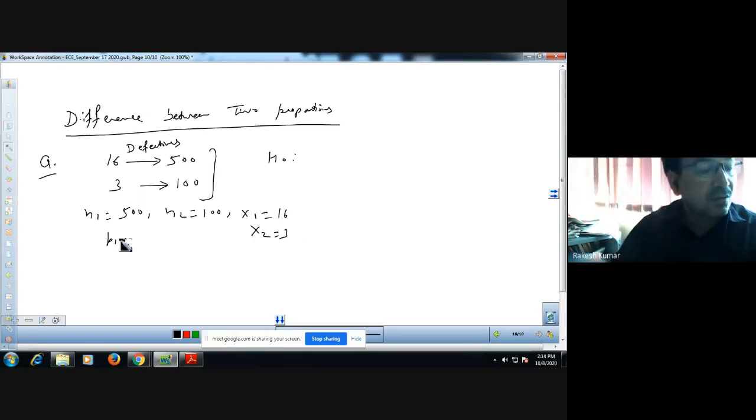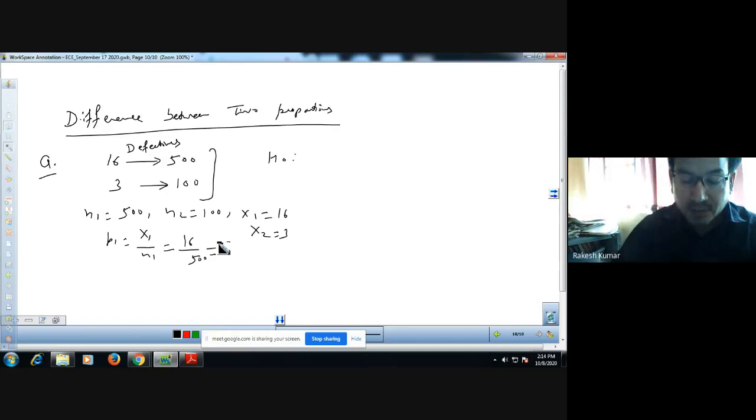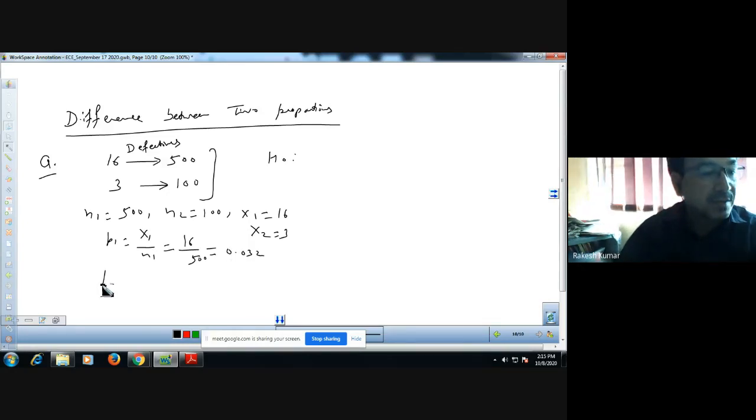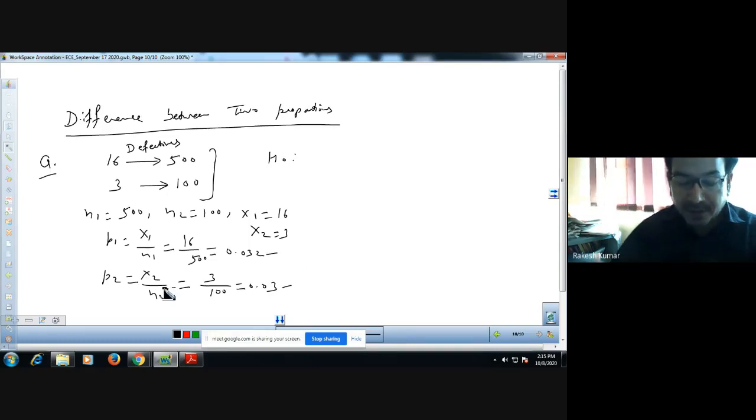Now you can calculate the proportions. P1 is x1 over n1, that will be 16 upon 500, and it will come out to be 0.032. Similarly, we can calculate P2, the second proportion, that will be 3 upon 100, which is 0.03.